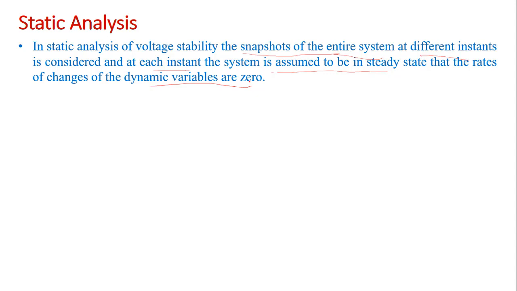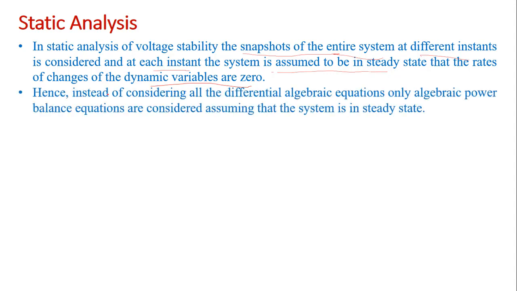So it is assumed that the system is operating under steady state at a particular point. Hence, instead of considering all the differential algebraic equations, only algebraic power balance equations are considered for this analysis.